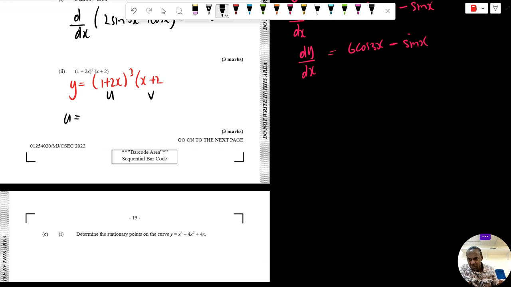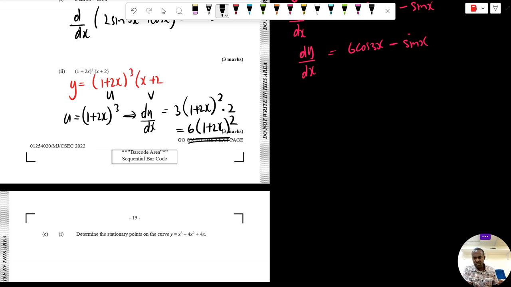So we'll say that u equals 1 plus 2x cubed, which means that du by dx is equal to 3 times 1 plus 2x squared, reduce the power, and then now we have to multiply by the derivative of what is inside the brackets. When we differentiate 1 plus 2x, we get 2, and so this gives us 6 times 1 plus 2x squared. So that's just the du by dx.